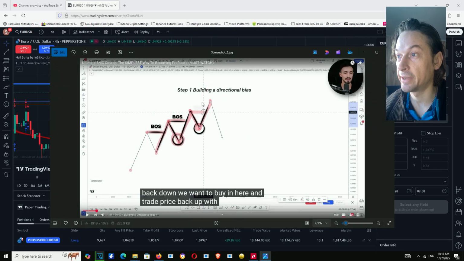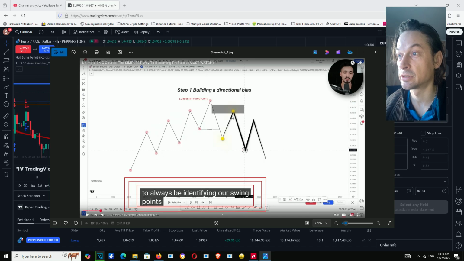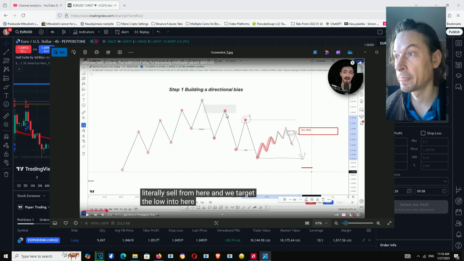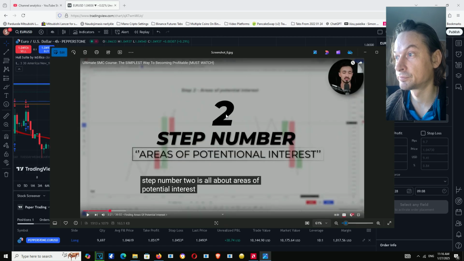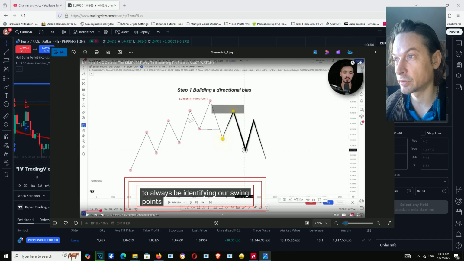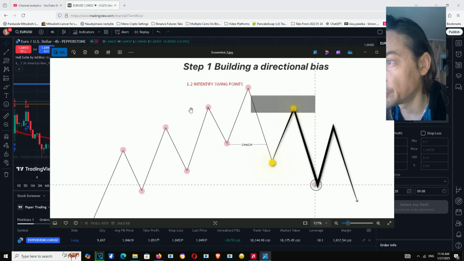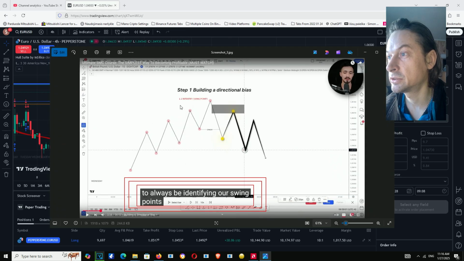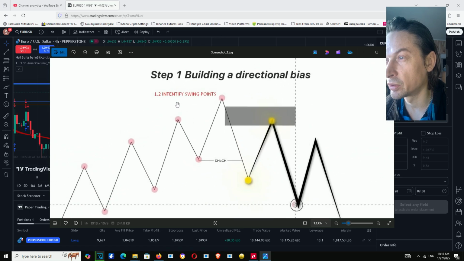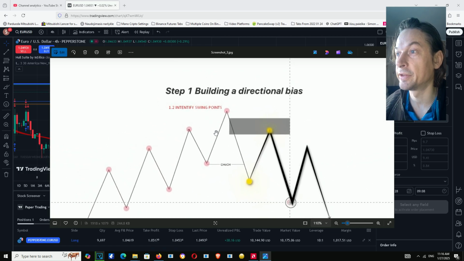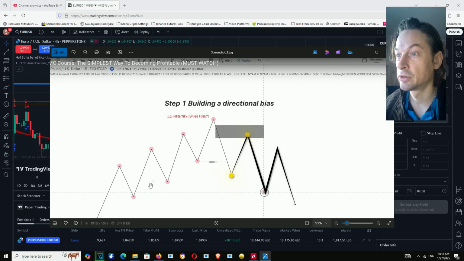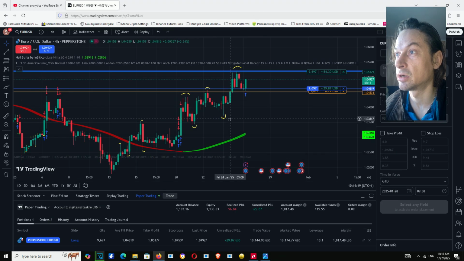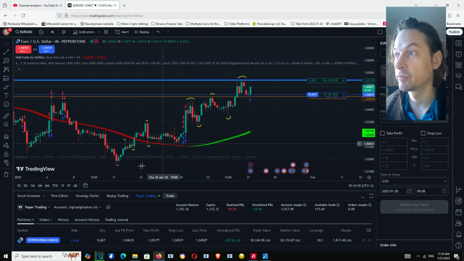Build a directional bias. It is going up right now. So, from pointers 1 and 2, it will be to identify swing points, those higher highs and lower lows, in this small window.